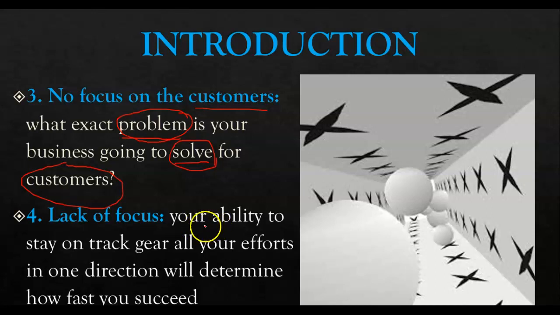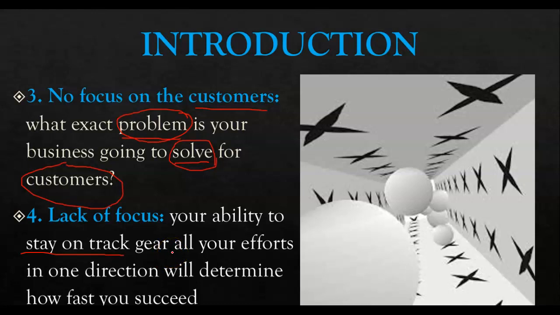So if you don't really stay on track, you are going to fail. Maybe as you started, you saw somebody who was doing some other thing, and it seemed like you like that thing that person is doing. So you decide to add that thing to your business. Okay, you are going to get distracted. So you need to stay on track.